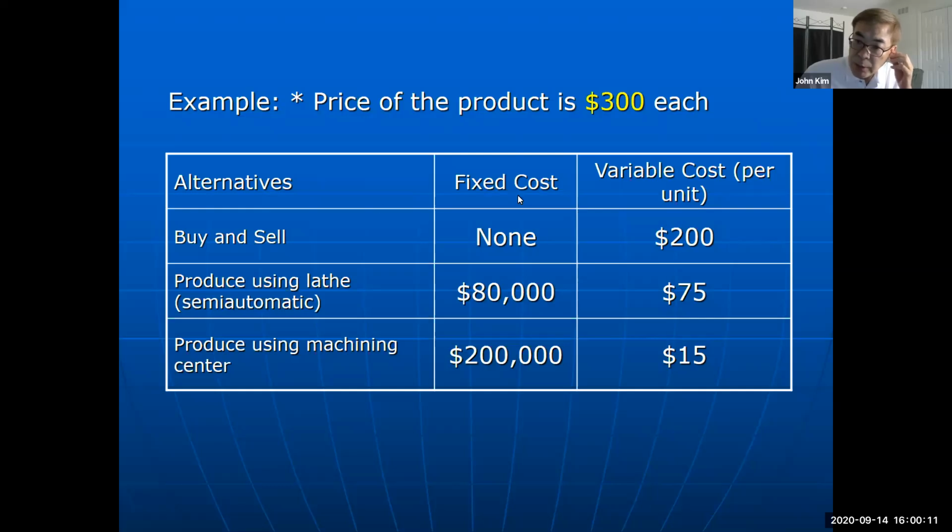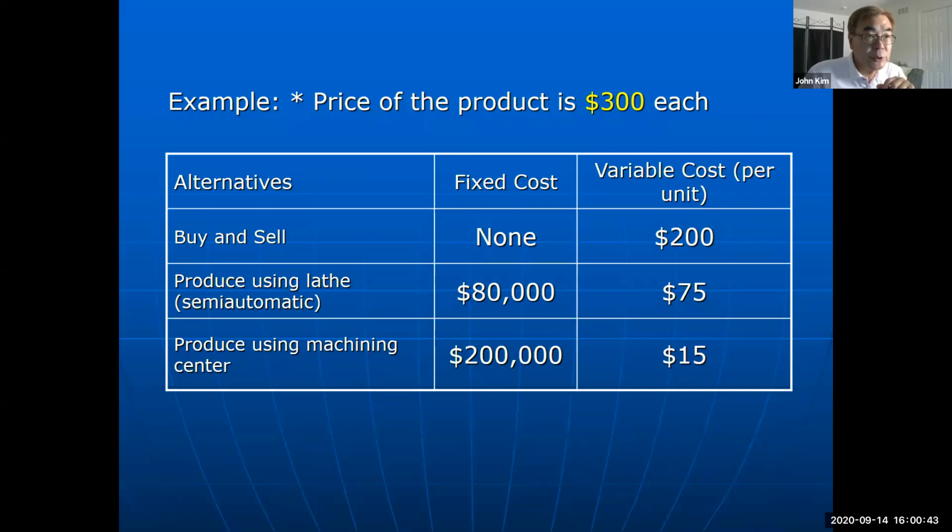Last week we did this break-even analysis. If there are 3 options, it's like a review. If there are 3 options, then to solve the problem, we need to set up equations for each option.